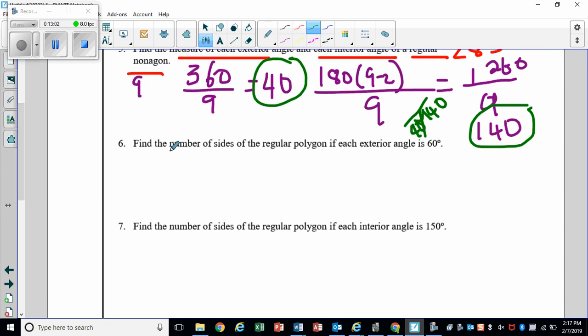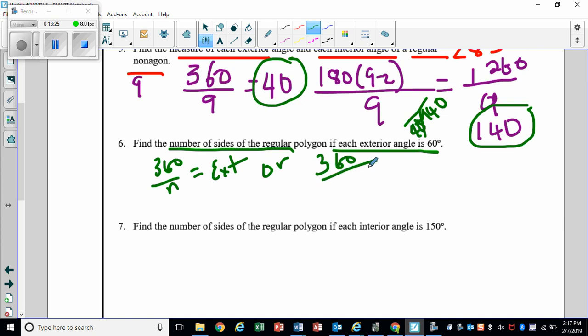Find the number of sides of a regular polygon if each exterior is 60 degrees. When I do 360 divided by the number of sides, it gives me the exterior angle, right? And vice versa works too. If I do 360 divided by the exterior angle, it should give me the number of sides.